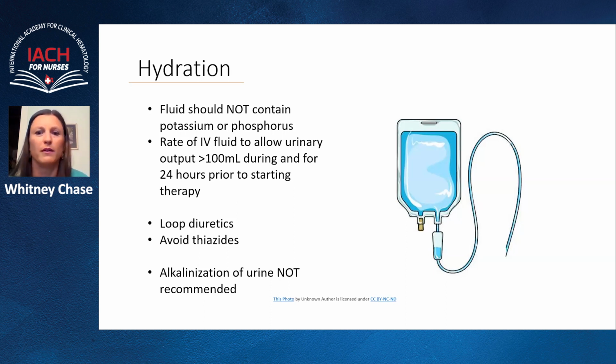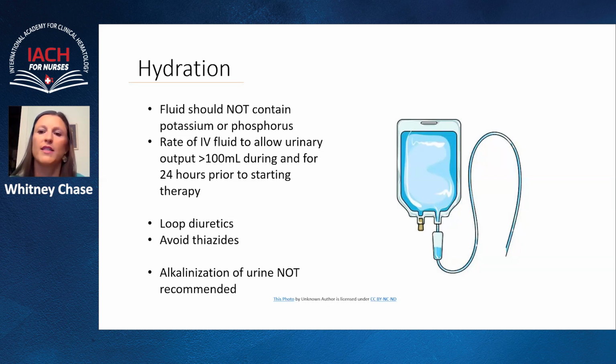So we're probably among the only specialties that use fluids and diuretics simultaneously. But we should pay particular attention to patients with cardiac or renal dysfunction, and the elderly who may need some extra help to eliminate this volume. So thiazide diuretics should be avoided, as they can increase uric acid levels and interact with allopurinol.